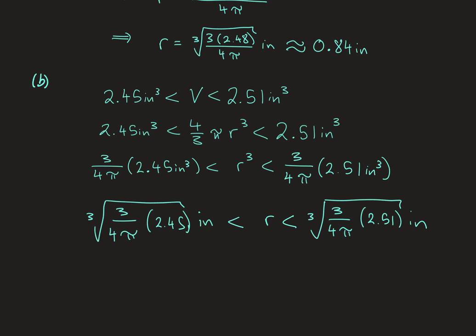Okay, so this is what I got. Hopefully you're following along. 0.8, I'll give 4 decimal places to be super clear, 863 inches is less than R. And R is less than, let's see this other side, 3 times 2.51 divided by 4, divided by pi, take the cube root.